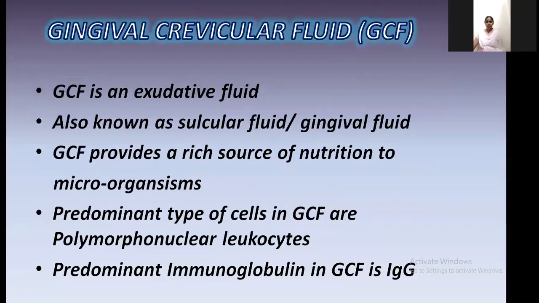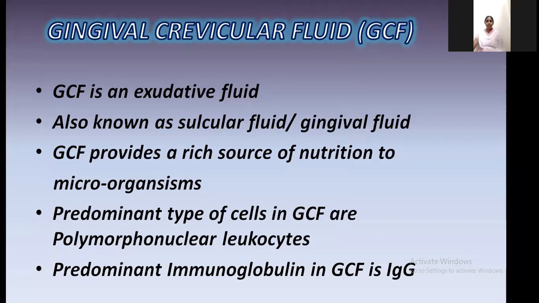Gingival crevicular fluid, or the GCF. GCF is an exudative fluid, important one word, also known as sulcular fluid or gingival fluid. GCF provides a rich source of nutrients to microorganisms. Predominant type of cells in the GCF are polymorphonuclear leukocytes.